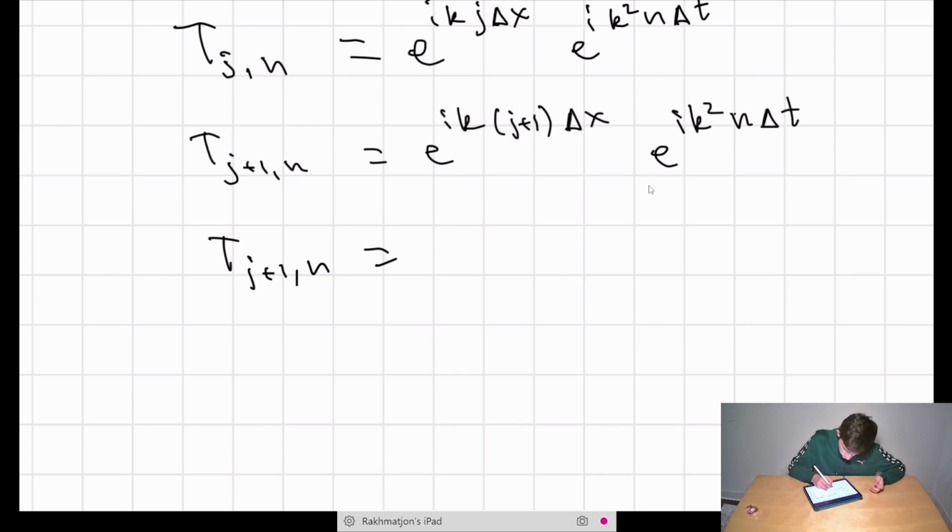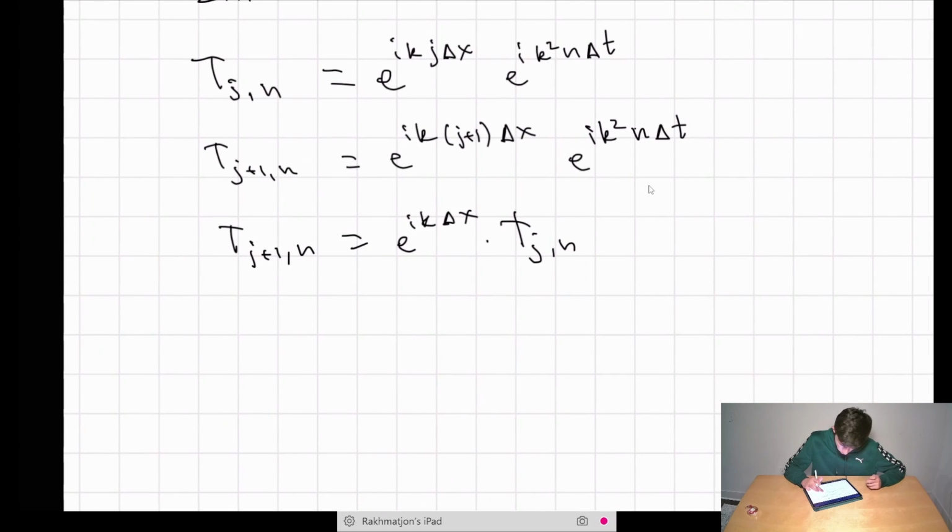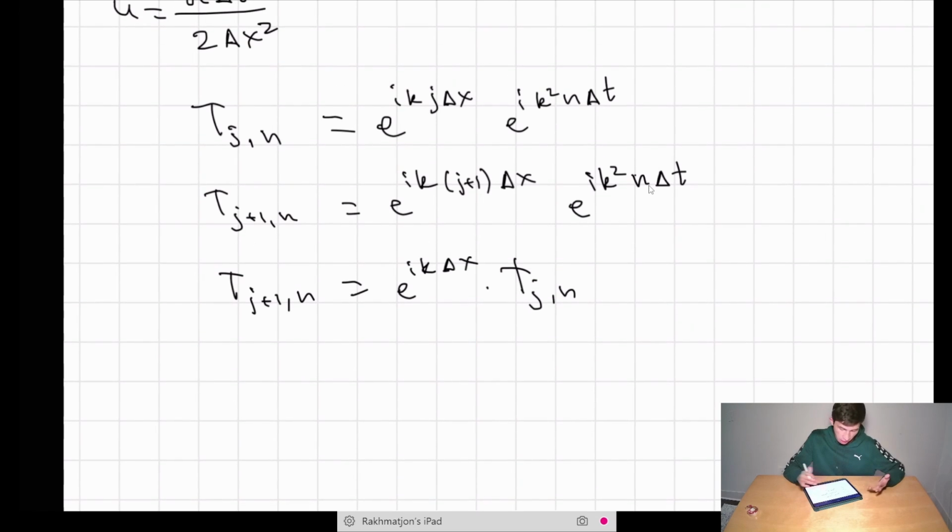That's going to differ by the term e to the i k delta x, times Tj at n. And Tj minus 1 is going to be the same but with a negative term in the exponent.